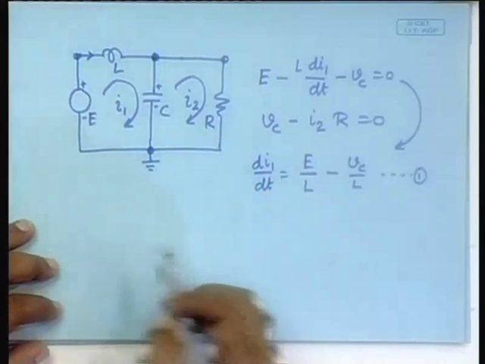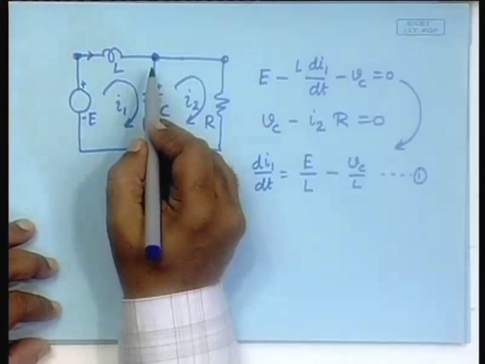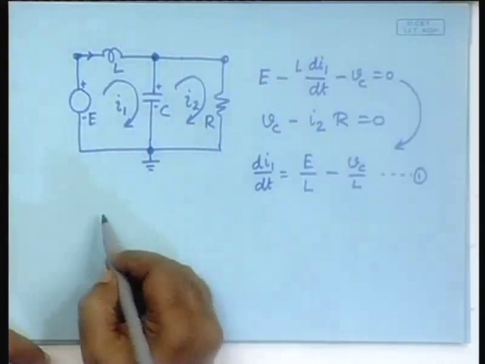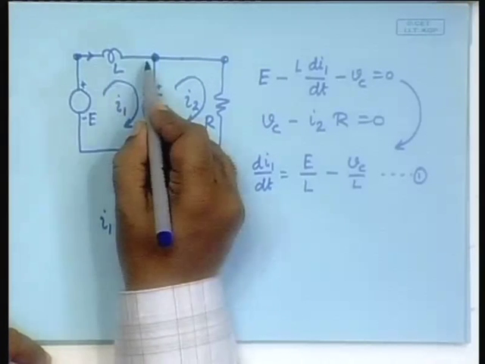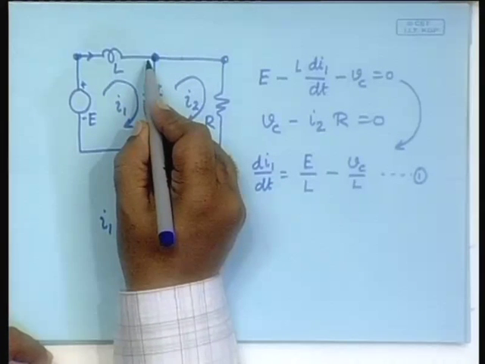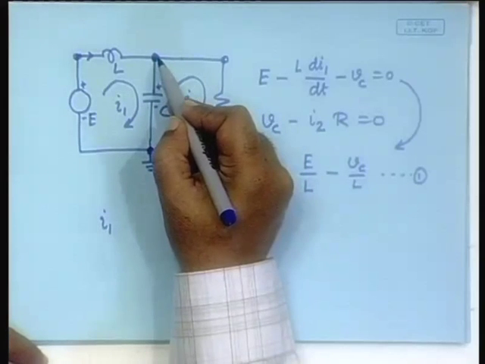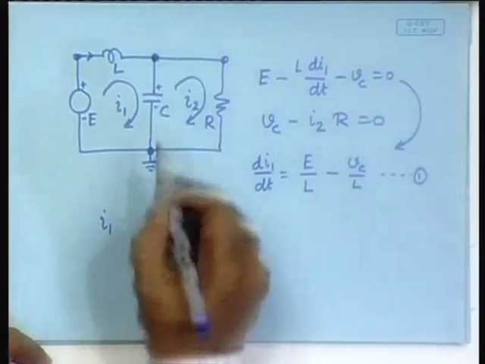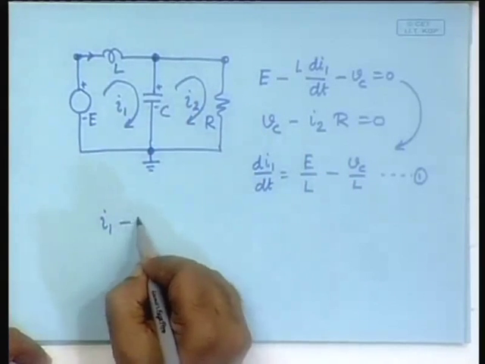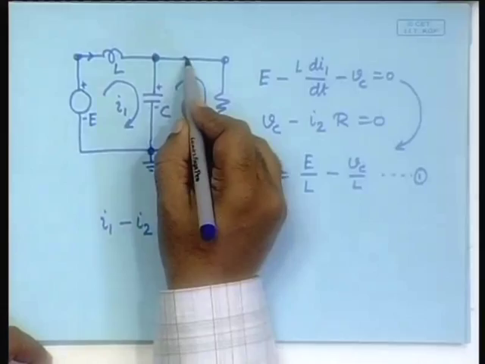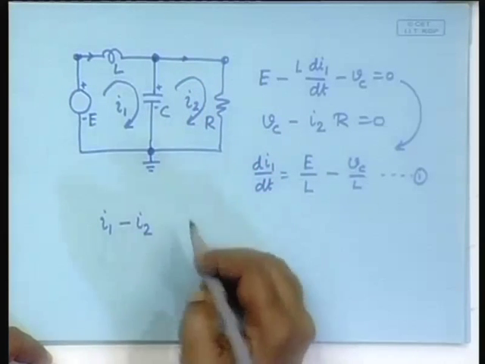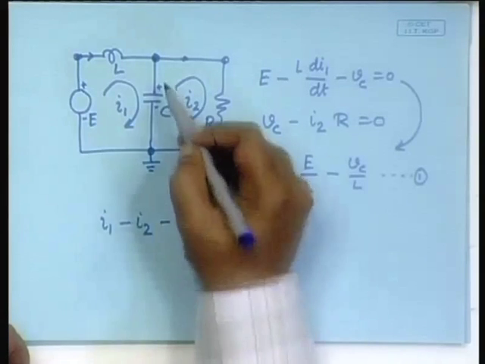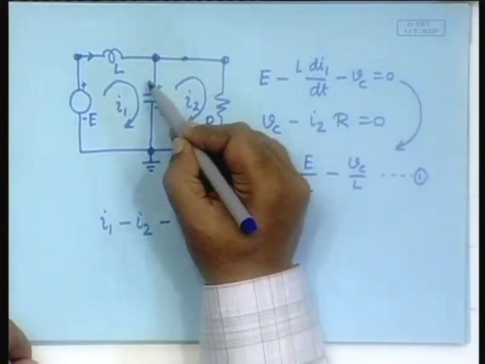So, for this one, if I say the node voltage method, then it will be Kirchhoff's current law: I1 here minus I2 here, and minus what is this current?